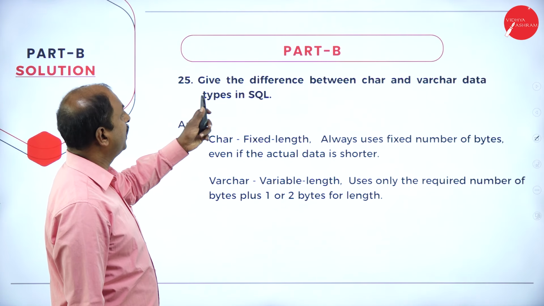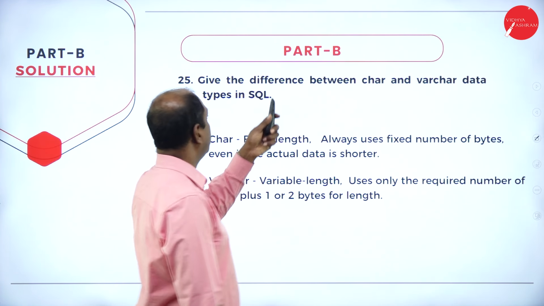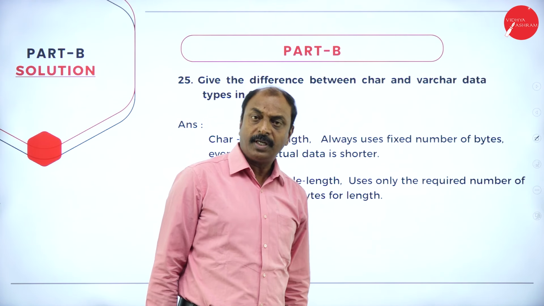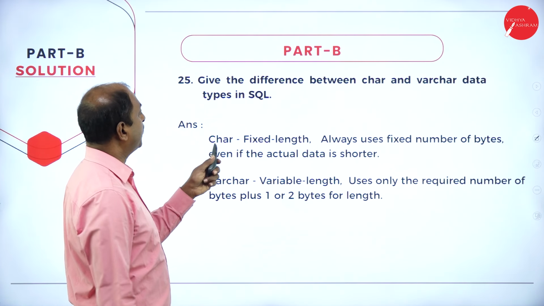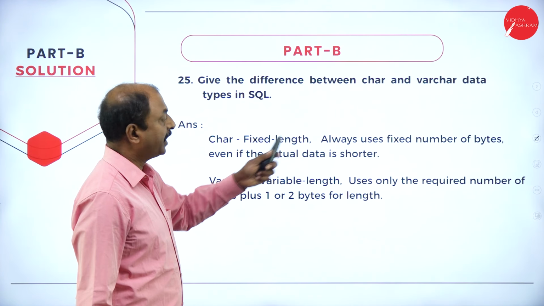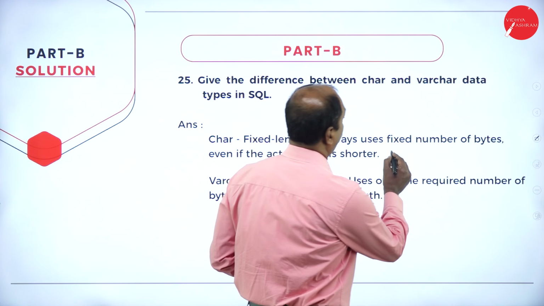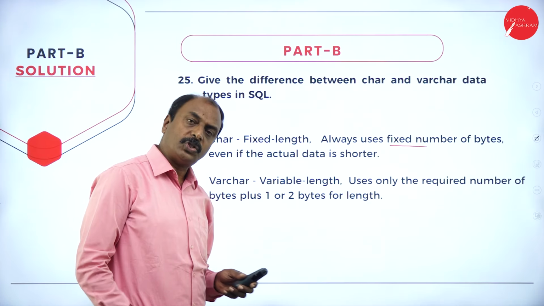Next question is, give the difference between char and varchar data types in SQL. These are the 2 data types in SQL, and what is the difference between these 2? Character is a fixed length. It always uses a fixed number of bytes, even if the actual data is shorter.